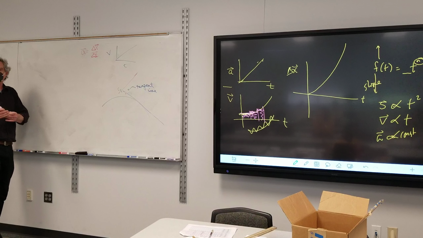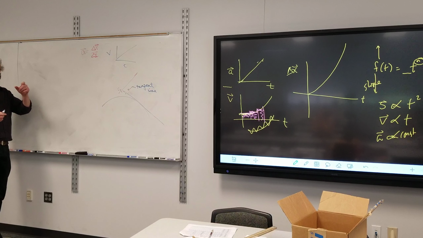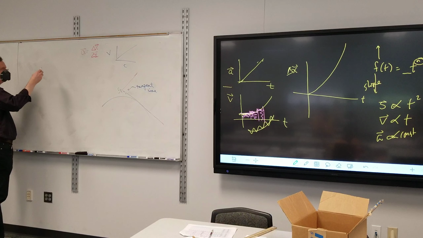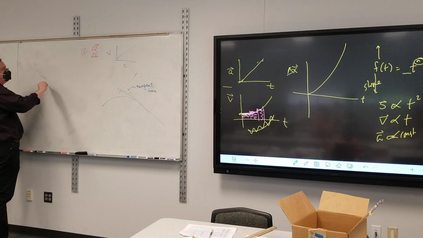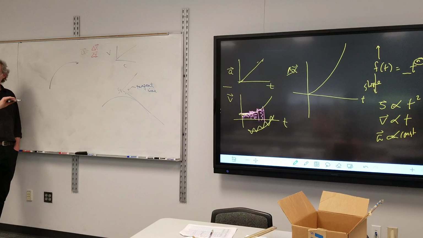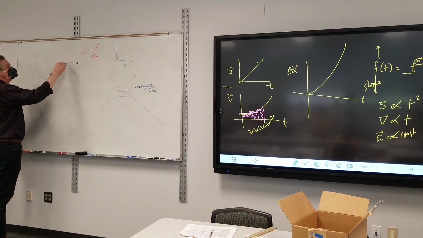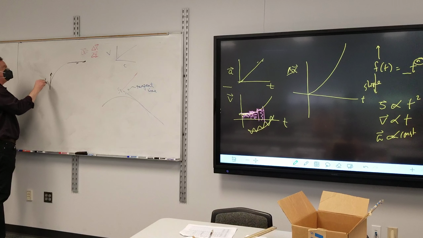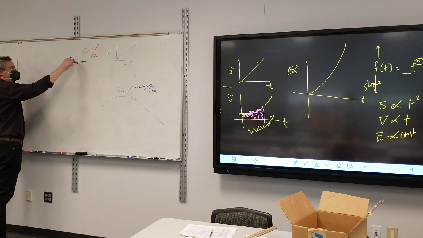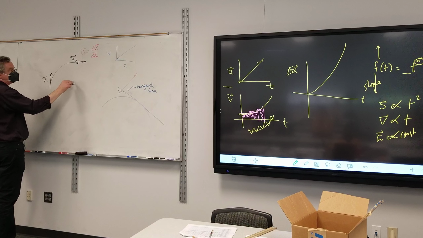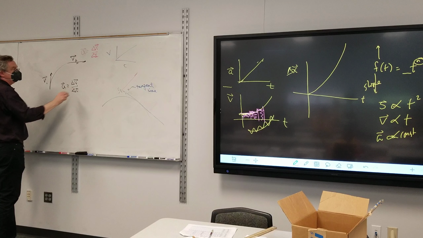Some of this we'll get into probably tomorrow, no, Thursday, at some point in the near future. If I'm traveling around a curve like that at a constant speed, so if that's my initial velocity and that's my final velocity, I know my acceleration, in vector form, is the change in velocity over change in time.